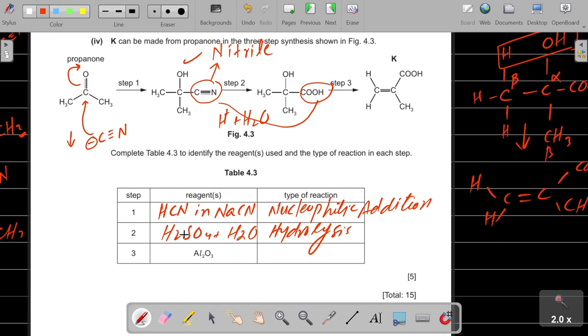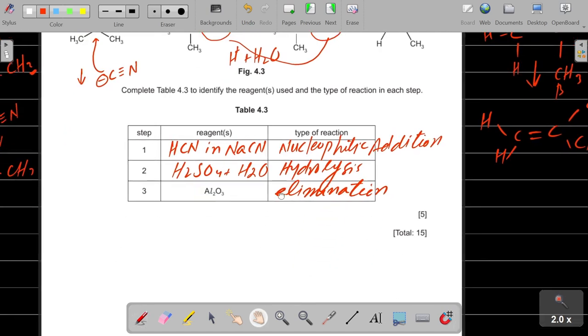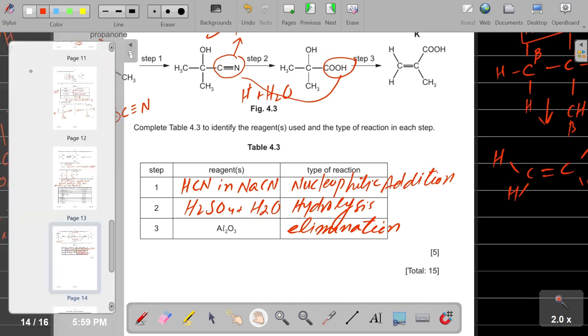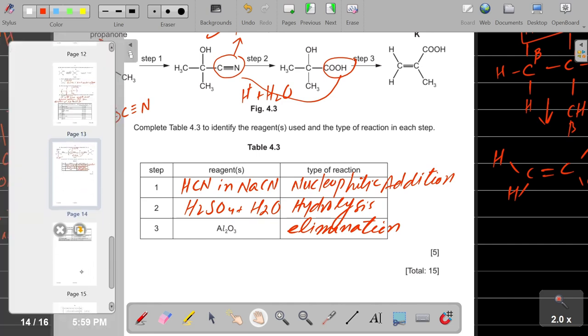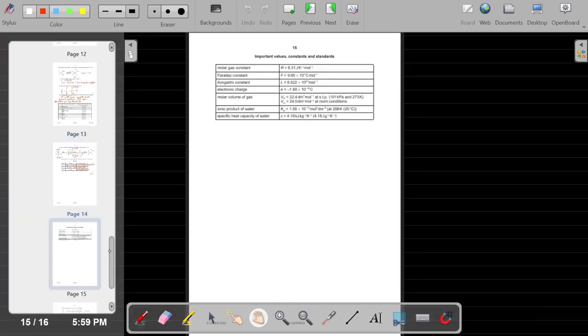Please check your book. In my mind, it is HCl as well, okay? Aluminum oxide is a type of elimination, but I already explained, okay? It is an elimination reaction. And the next is, okay, I have done this.